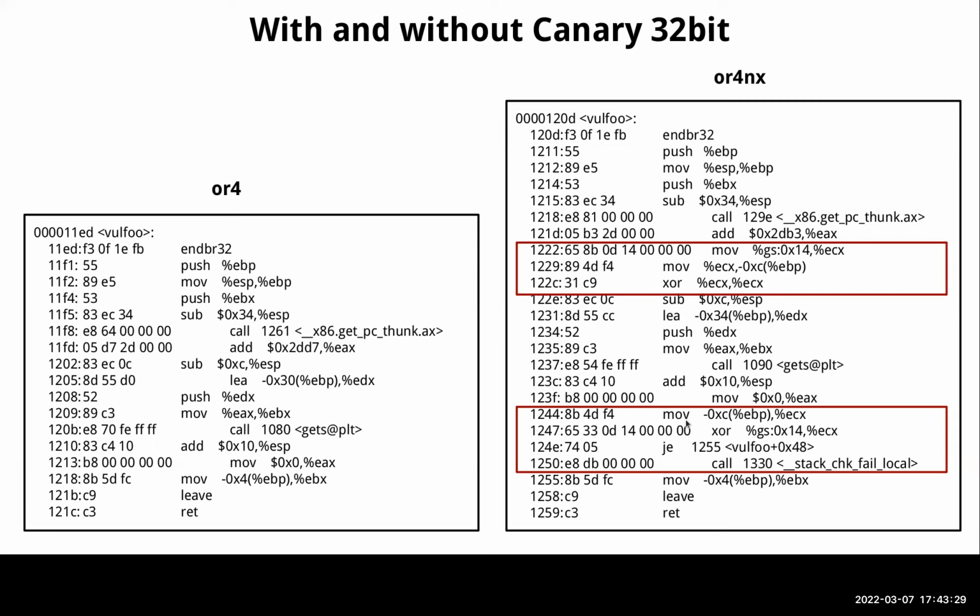So that's why at the end of this program, we will retrieve whatever is at EBP minus C into ECX, then compare with the GS14 value. If they're not the same, then we call a function called stack check fail local. Basically, that function will print out stack smashing detected, something like that.